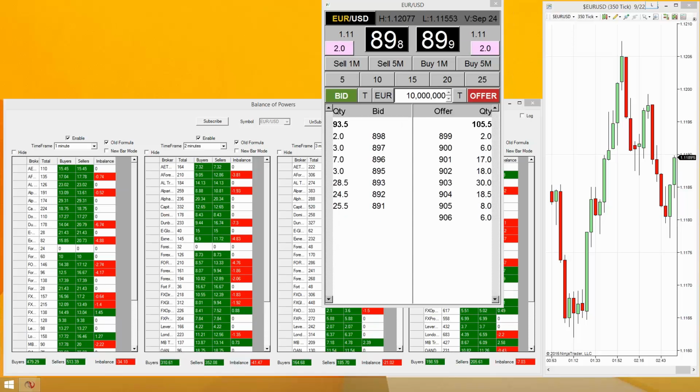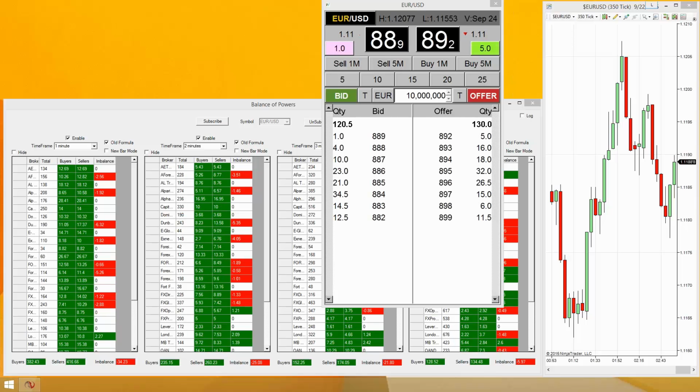So that's the only thing that moves the market, which is orders, right? I don't care about technicals, I don't care about fundamentals. The only thing that moves the price is the orders that you see here, right on my screen.